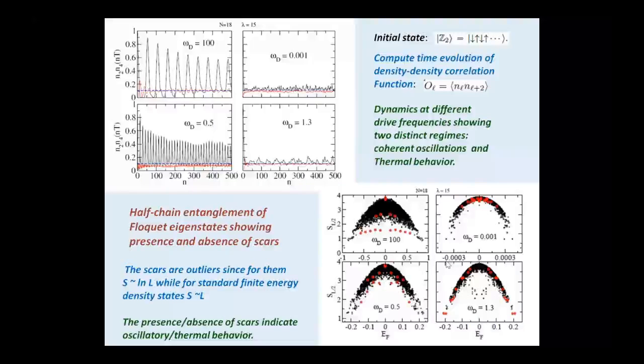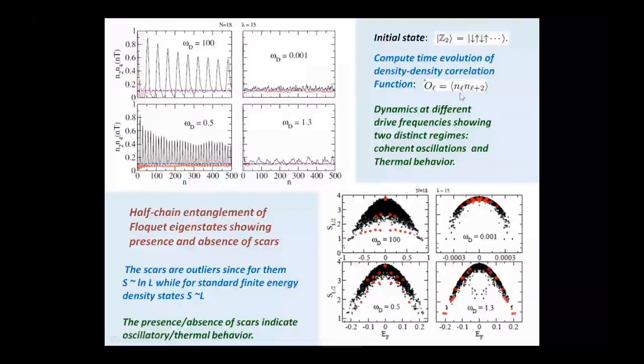Good. So now let's come to the dynamics of this correlation function. We start from an initial Z2 state, which is this up-down spins, which means one Rydberg excitation every alternate site, and then compare the time-dependent density correlation function.